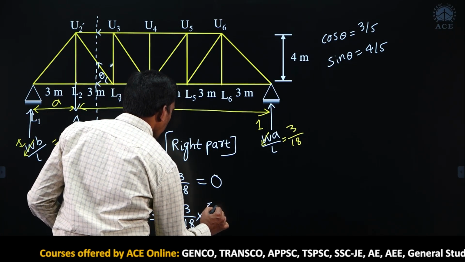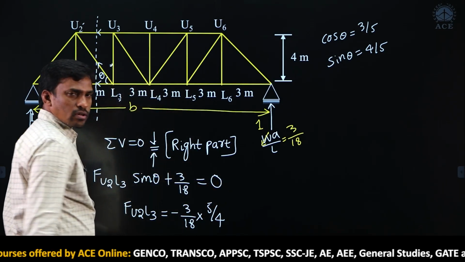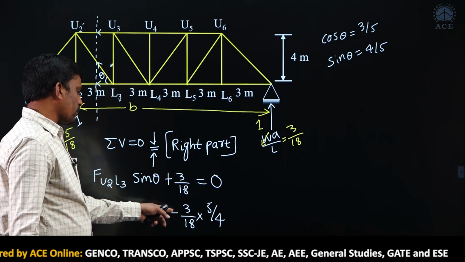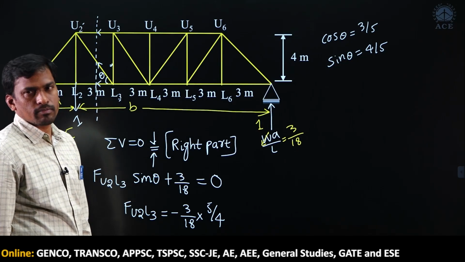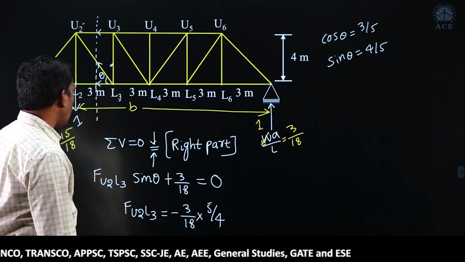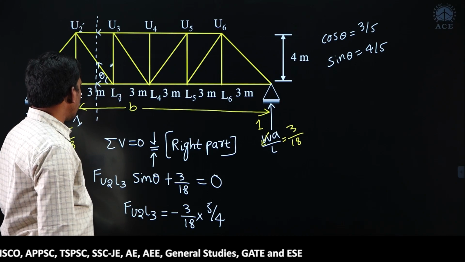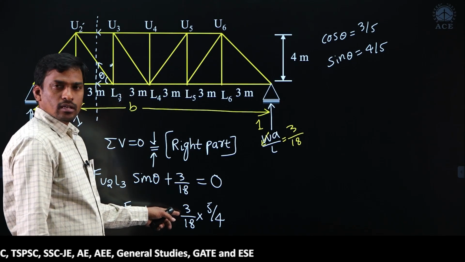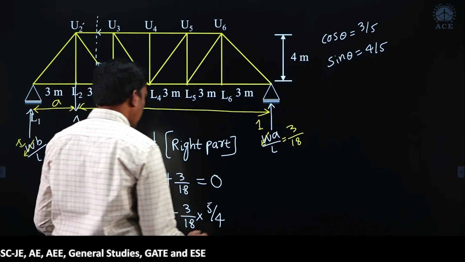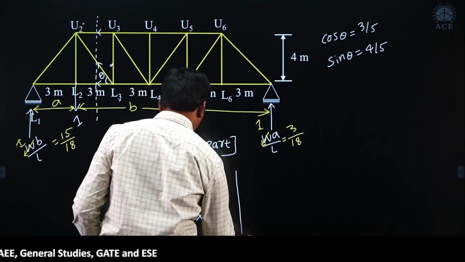Then this is 5 by 4. The negative sign represents that the assumed direction is wrong. So it is not tension, it is compression.